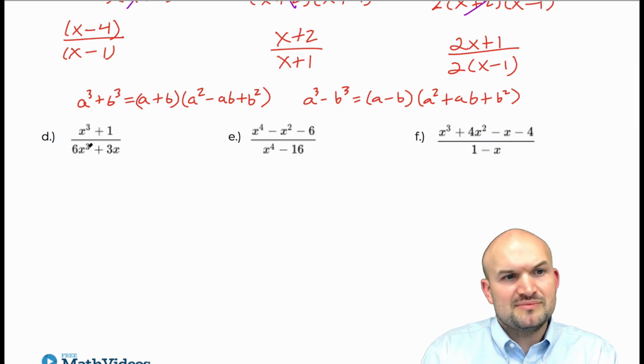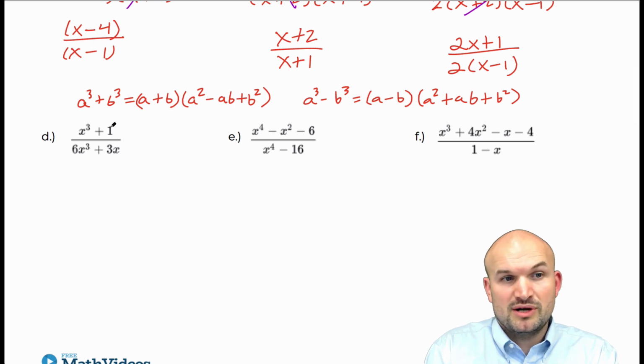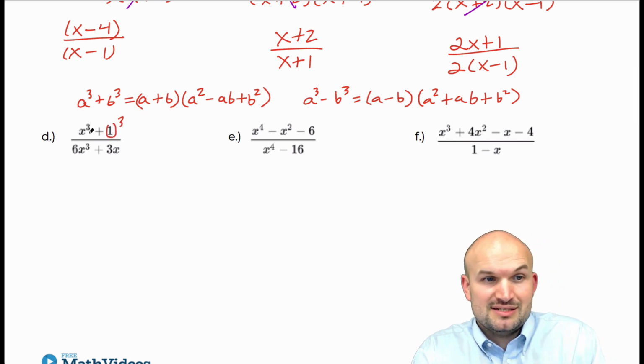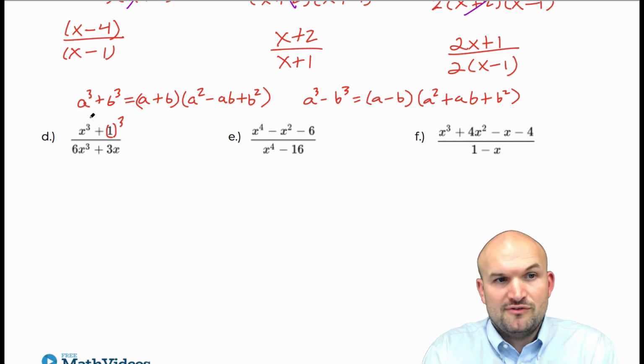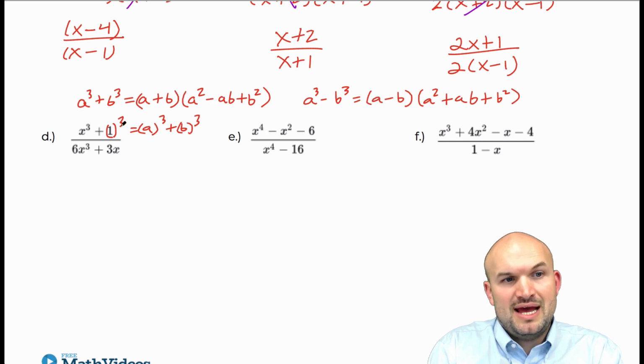So therefore I'm going to simplify this numerator here. Basically, what I want to do is rewrite this as a cubed plus b cubed. Well, I can rewrite this as x cubed plus 1 cubed, so a is x and b is 1.